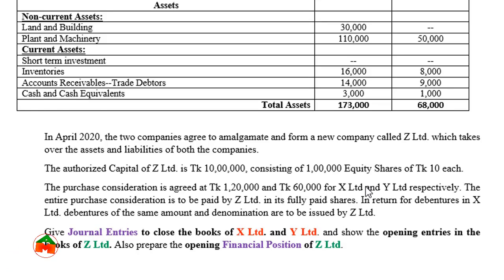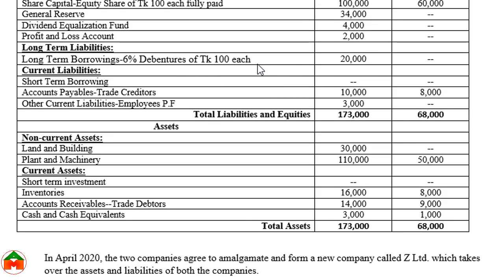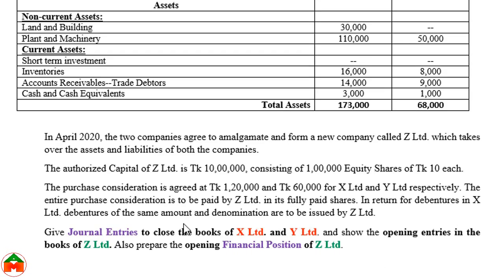That means these 20,000 debentures will be issued by the Z Limited for the debentures in X Limited. However, we can see the purchase consideration for X company is Taka 1,20,000, and that will be paid by issuing shares, and for Y Limited by issuing shares of Taka 60,000.